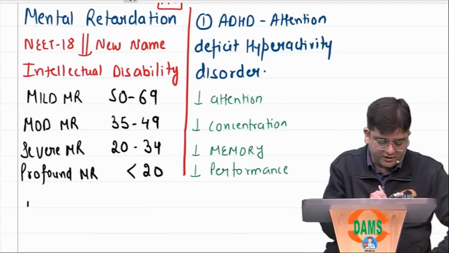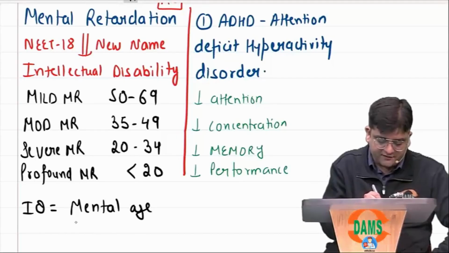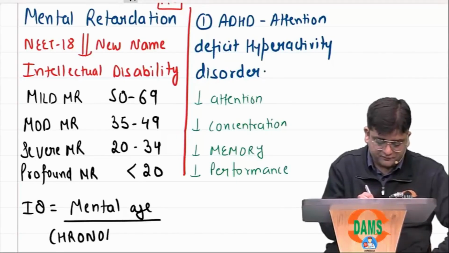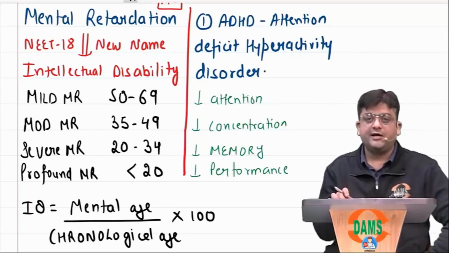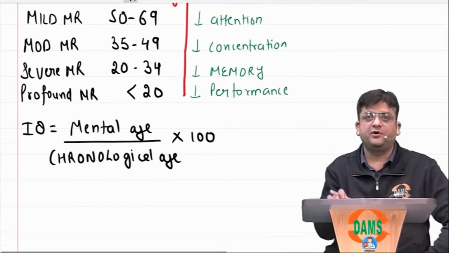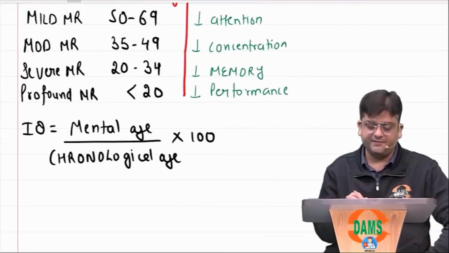How do we calculate IQ? IQ is calculated by a formula: mental age upon chronological age multiplied by 100.